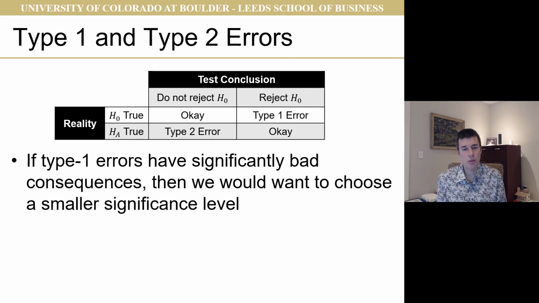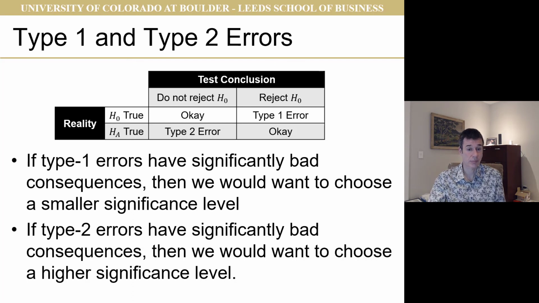This is how we choose our 0.05. If there are significantly bad consequences of type 1 errors, then we want to choose a smaller significance level. If something really bad comes out of type 2 errors, then we want to choose a higher significance level.